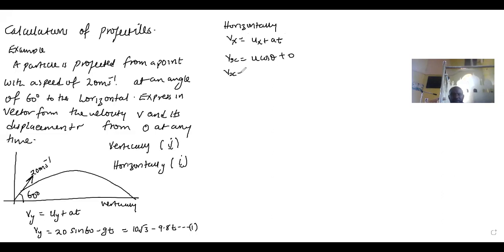So Vx is actually 20 cosine of 60, which gives us 10 meters per second. Now, in vector form, the velocity at any time is defined by the component of velocity in the horizontal times i plus the component of velocity in the vertical times j. This is what shows that it is in vector form.